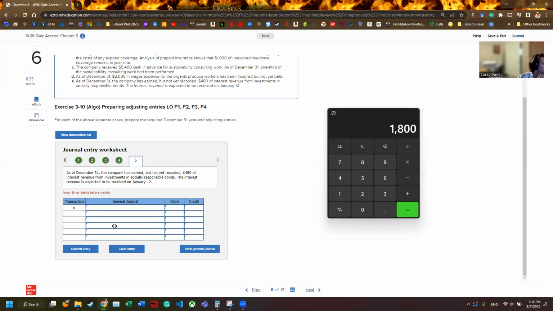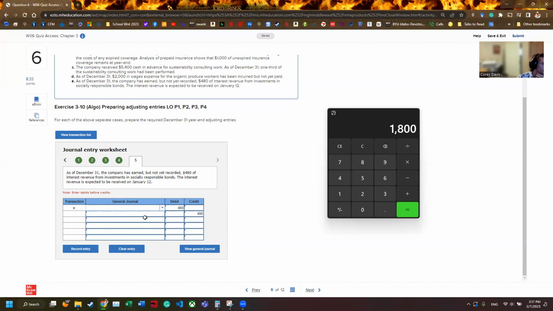And for the last one here, as of December 31st, the company has earned, but not yet recorded, $480 of interest revenue from investments in socially responsible bonds. The interest revenue is expected to be received on January 12th. So again, debiting it for 480, and we're going to credit somewhere for 480 as well. Let's see what we have.